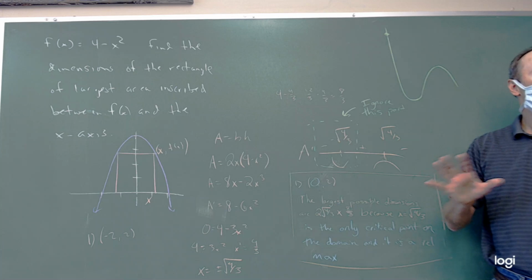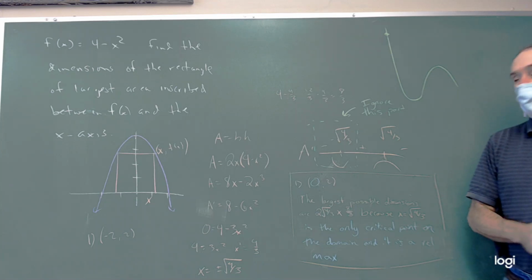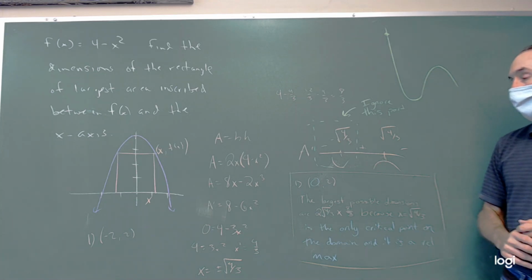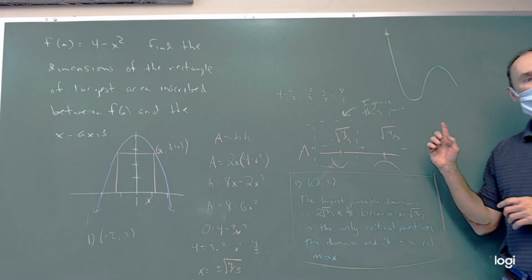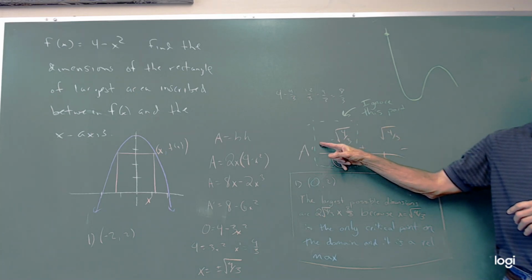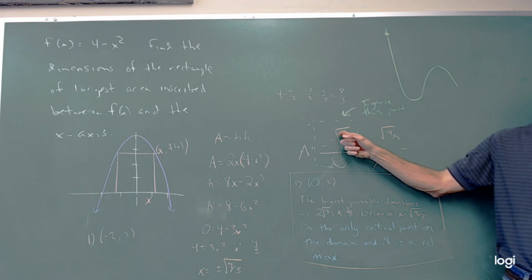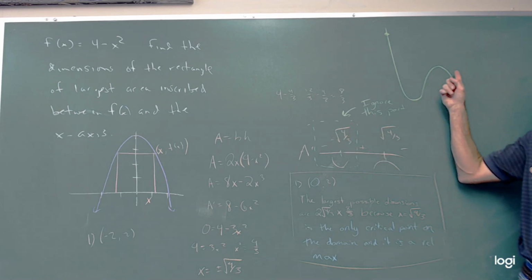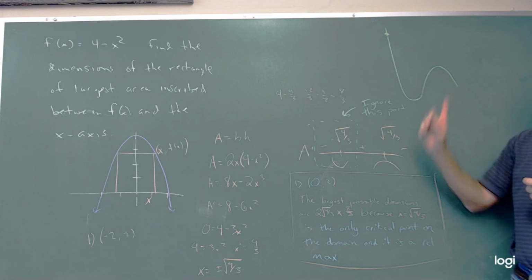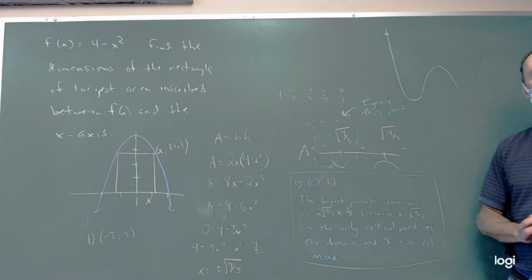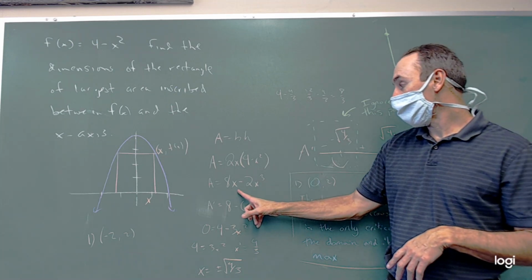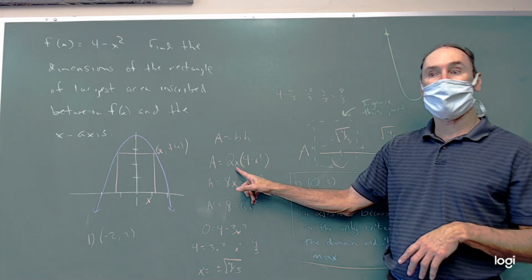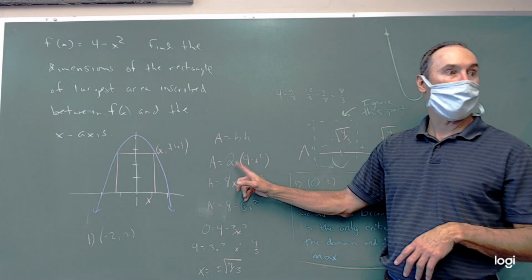So there are two ways you can go. If you stick with your domain being -2 to 2, then you're going to have to take the limit as x approaches -2 and show that that limit is less than the area you get at the square root of 4/3, which isn't really hard, because as x goes to 0, this is going to approach 0.